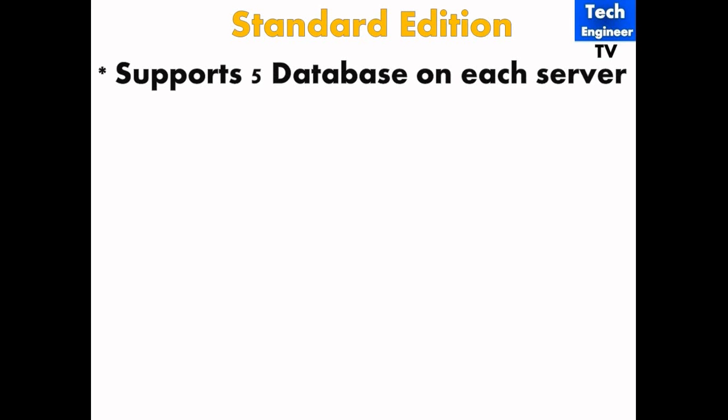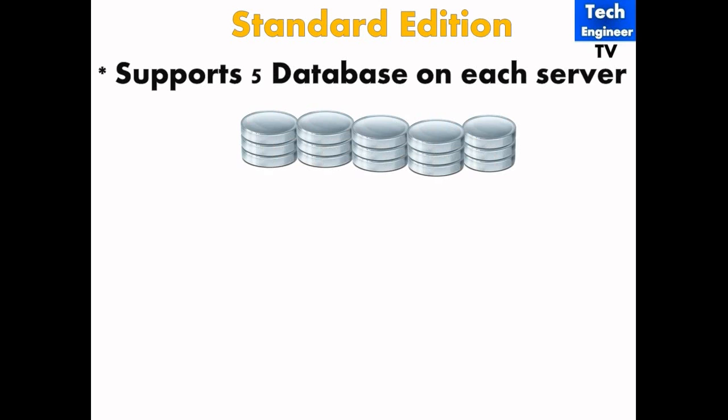So, for example, what is the standard edition? The standard edition supports 5 databases on each server. This is the basic definition of the standard edition. If you buy a key for the standard edition of Exchange Server 2010, then it will support 5 databases on each server.